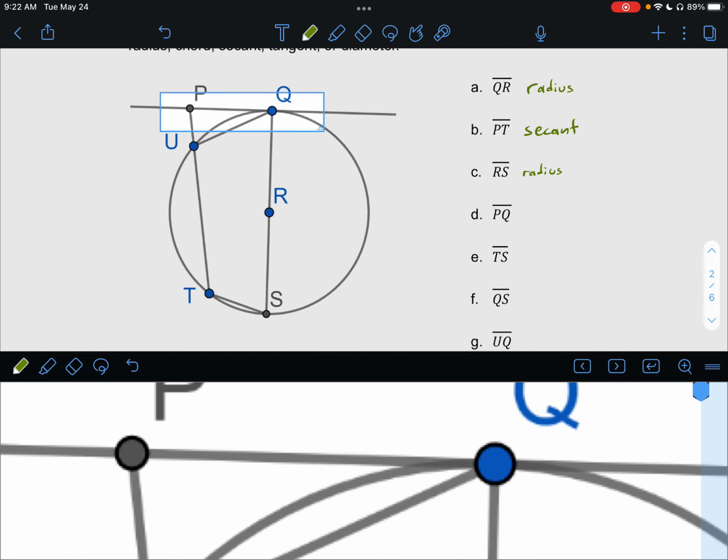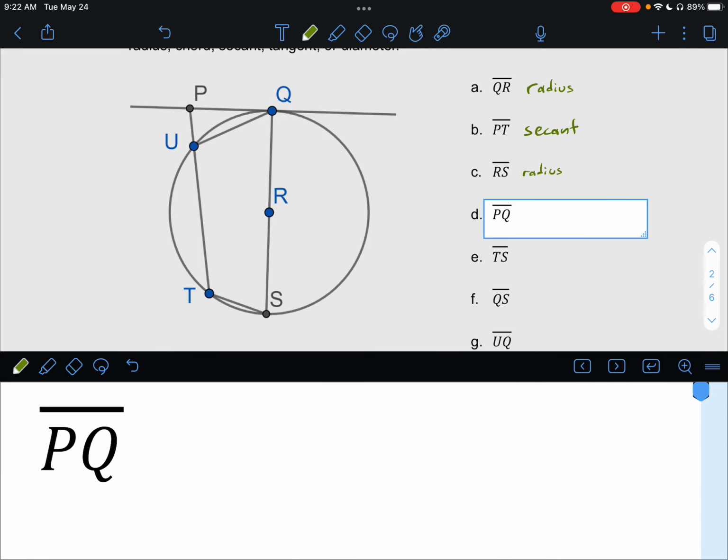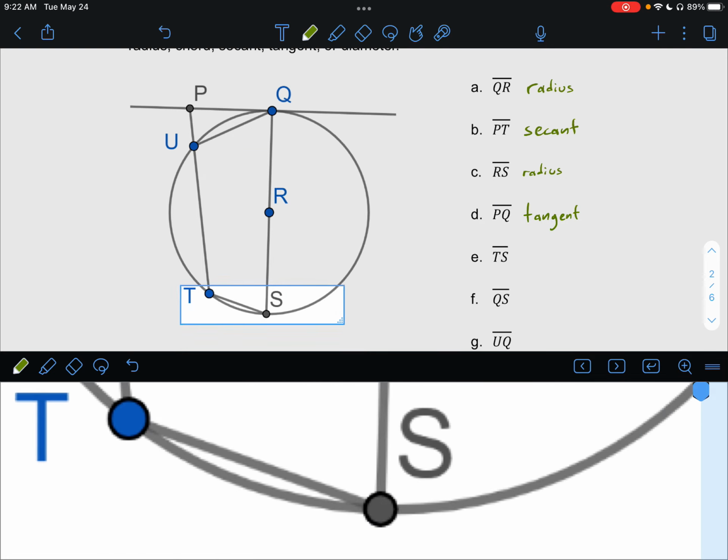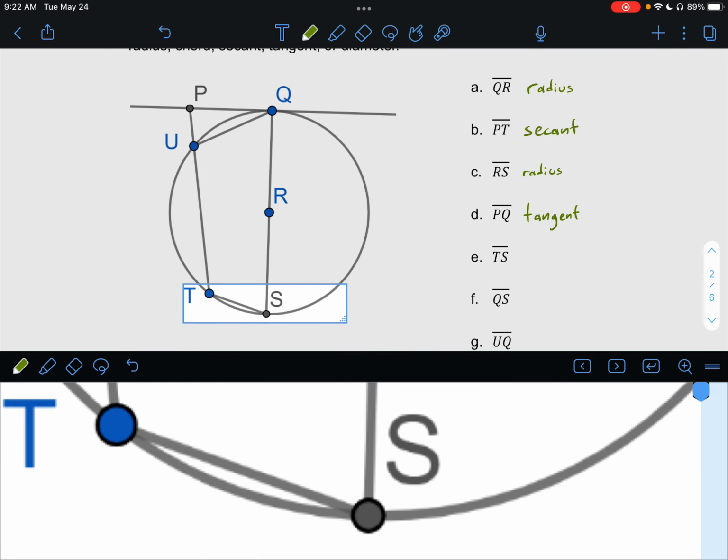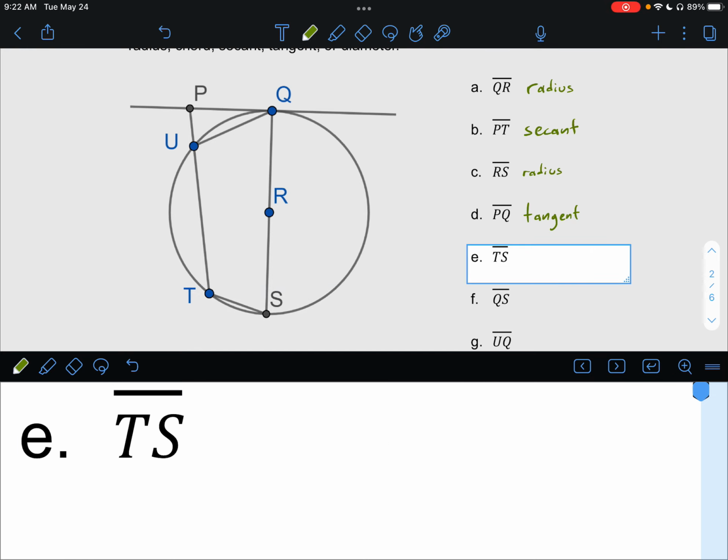PQ only touches the circle at one point, that point Q. It keeps going in both directions. So that is a tangent. If it only touches the circle once, it's a tangent. TS is just a segment here. It does not go through the middle of the circle. It's inside the circle, but not through the exact center. It doesn't go through R. So that is just going to be a chord.